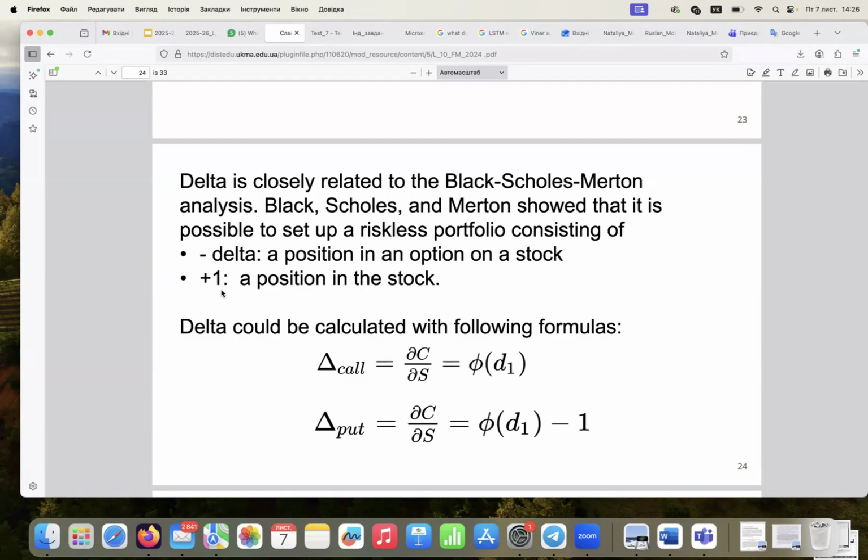Plus means that we bought and are waiting, and minus means that we are selling. We are selling stocks in this amount, and we need to compute this delta for the call option. Okay.